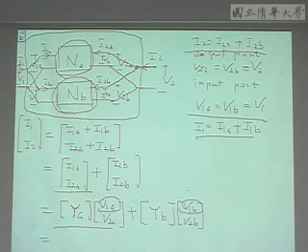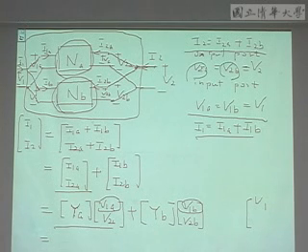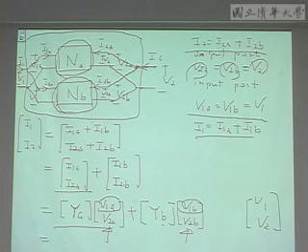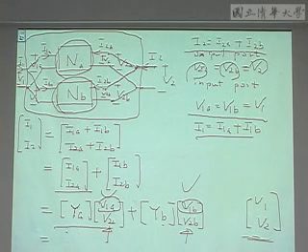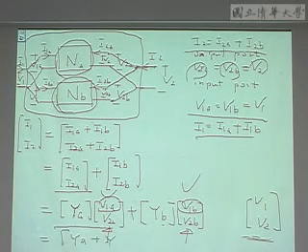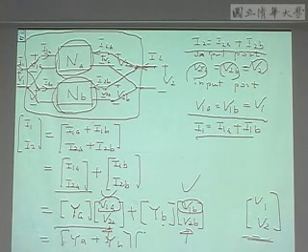And similarly, we have V2A, V2B equal to V2. So in fact, these two columns equal to this column vector. So we can factor out the common factor here. We have YA plus YB, and we have V1, V2.